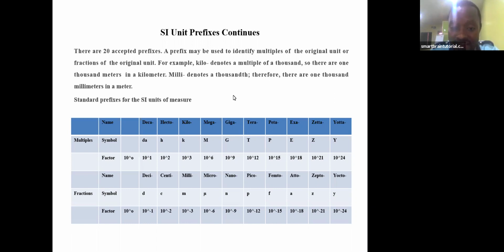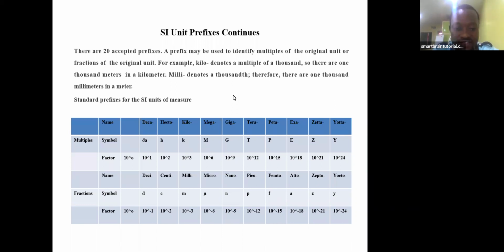Then we have the mega, and then we have giga. The symbol for mega is M. The symbol for giga is G. We have tera. The symbol for tera is T. And then peta. The symbol for peta is P. Then exa. Exa has a symbol E. Zetta symbol is Z. And yotta symbol is Y.